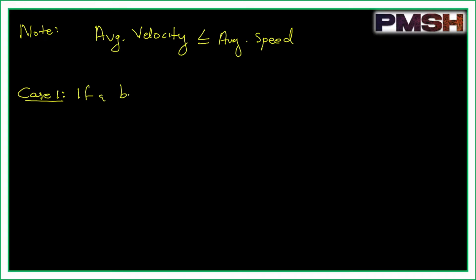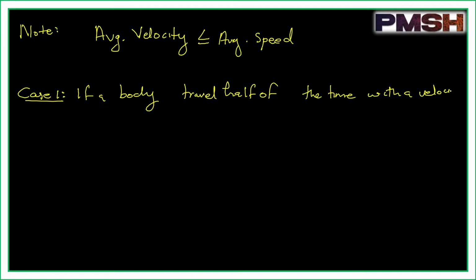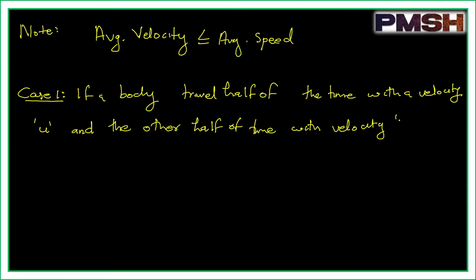If a body travels half of the time with a velocity u, and the other half of the time with velocity v, then the simple equation to find the average velocity or average speed, v average, will be equal to (u plus v) divided by 2.